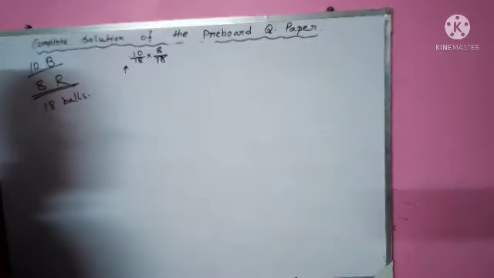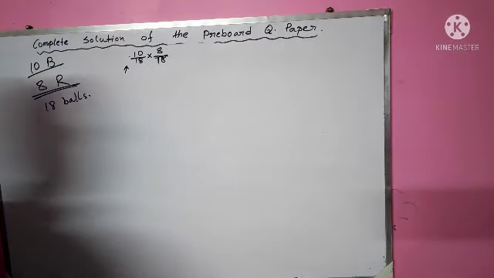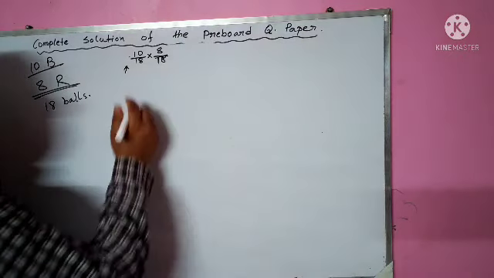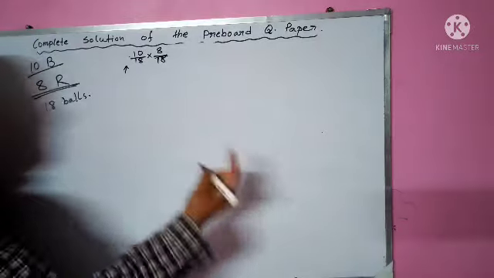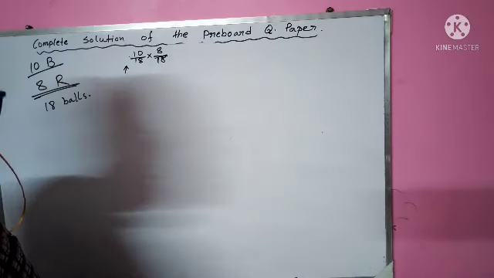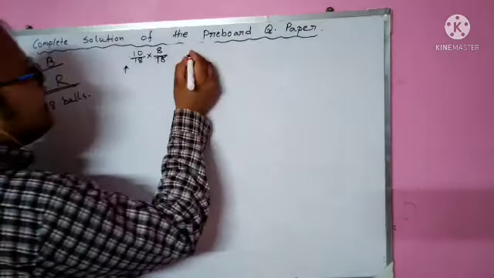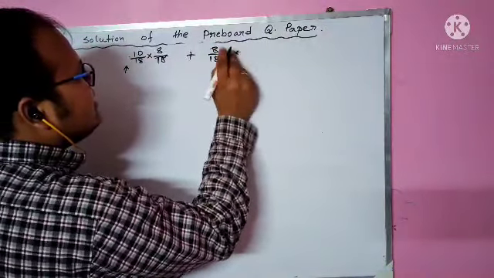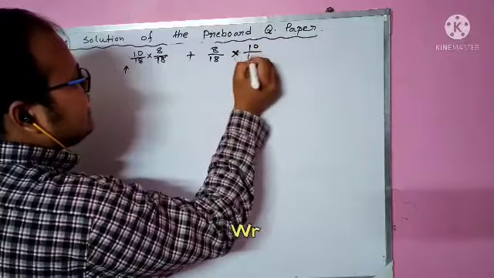Now, is it the answer or not? No, it is not the answer, because in the first case you chose black and the second one red. The opposite case may also happen, that you get the first one as red and the second one as black.